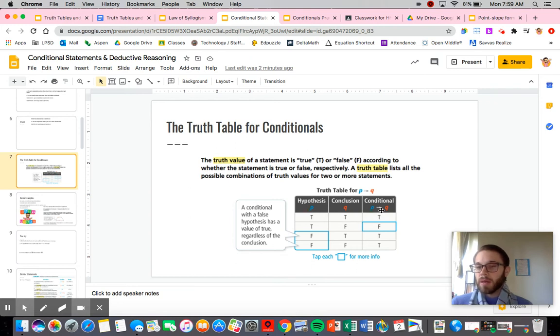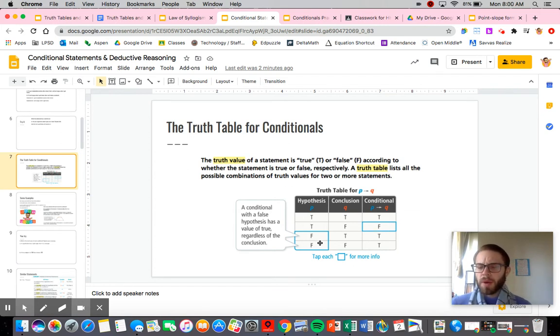If P, then Q, both are true, then yeah, of course it's true. Makes sense. And if your hypothesis is true, but our conclusion is false, well, that does not show a relationship, right? So we're saying if it's true, then it's false, the whole thing will be false.